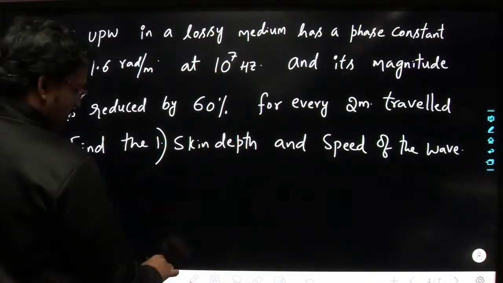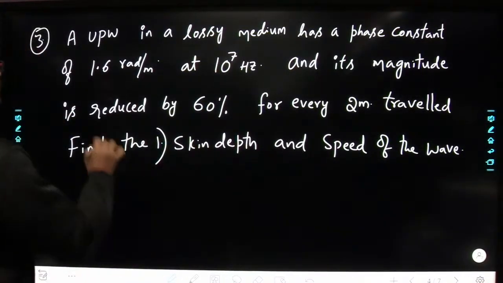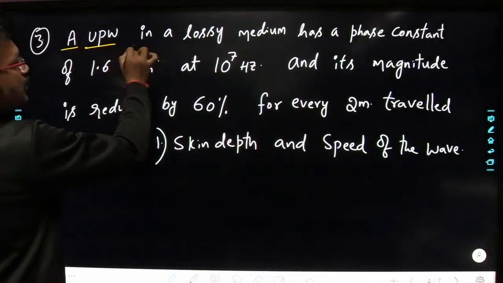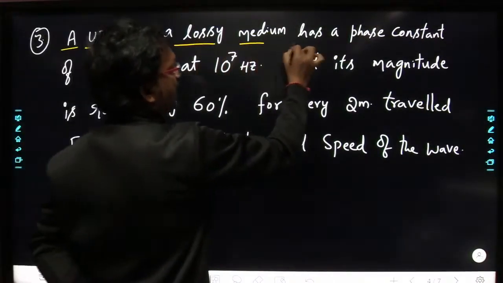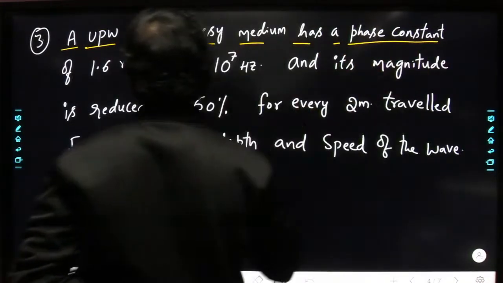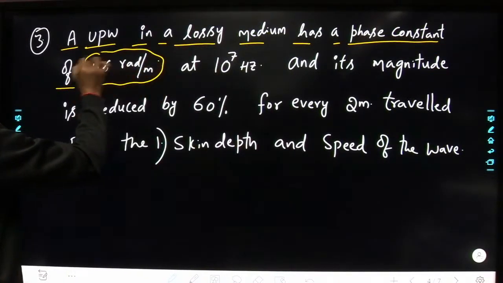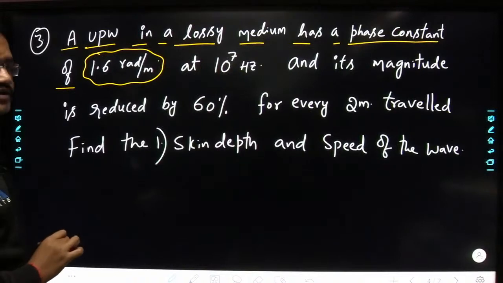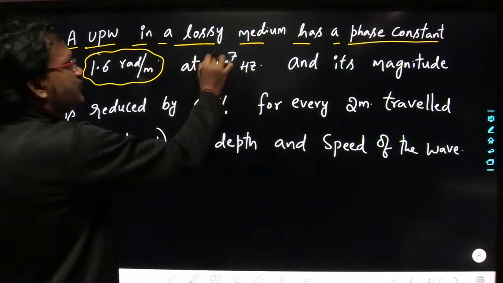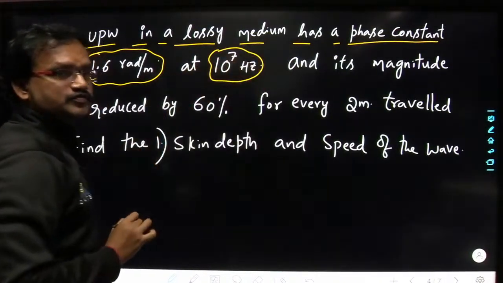So what have they given here? A uniform plane wave in a lossy medium has a phase constant. Phase constant means beta, of 1.6 radian per meter. So the beta value is 1.6 radian per meter at frequency 10 to the power of 7 Hz.